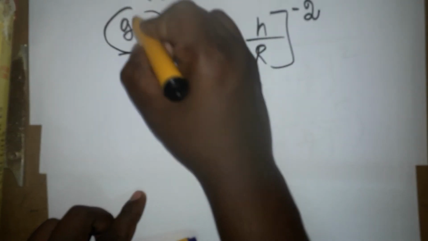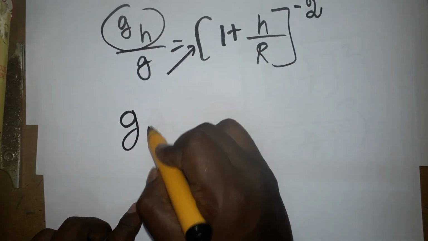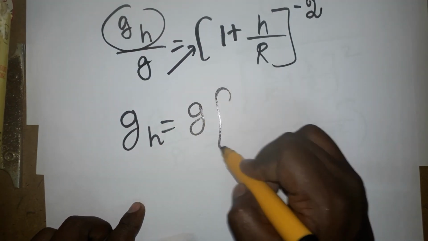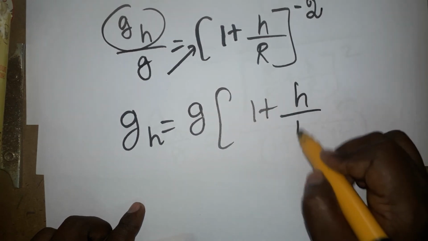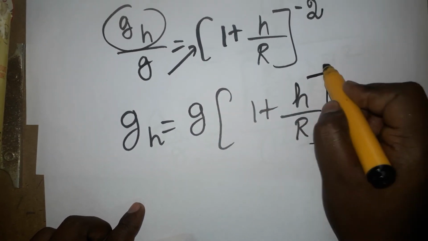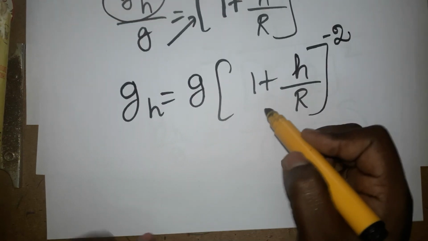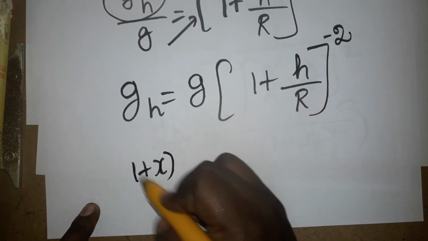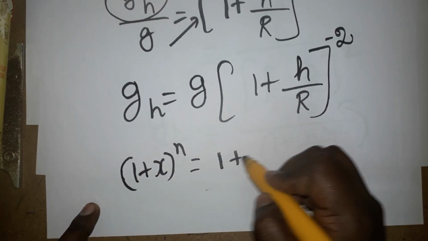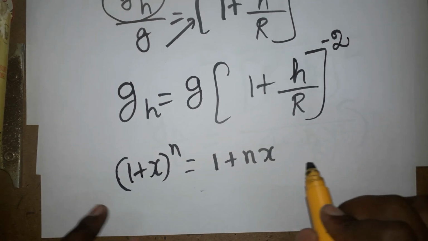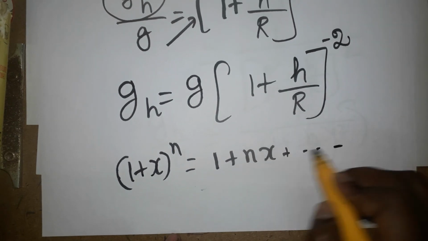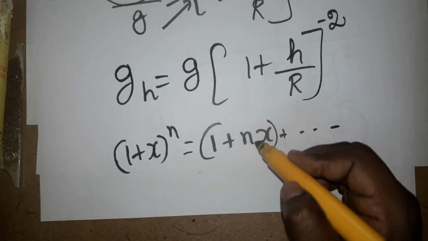Bringing g over, gh is equal to g times (1 plus h divided by r) to the power minus 2. We know the expansion that (1 plus x) to the power n is equal to 1 plus nx, and it continues, but the next values are negligible, so we take only these two terms.